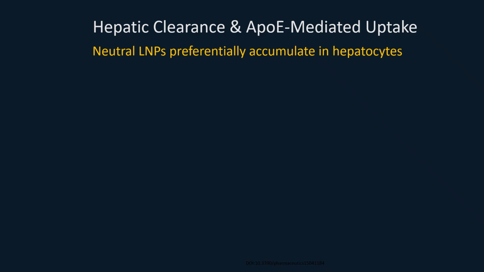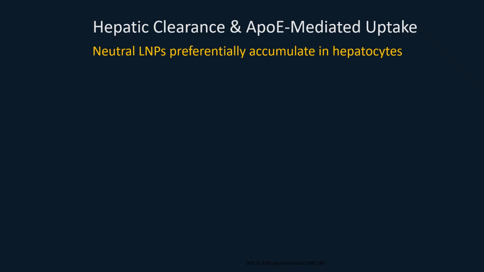So the most consistent observation of LNP delivery is liver accumulation. And the reason is actually the protein corona. Most ionizable lipids have pKa values around 6.2 to 6.5, which means they are largely neutral at physiological pH.